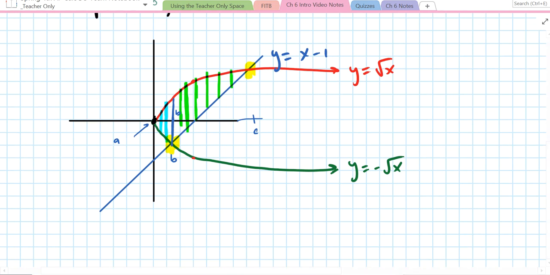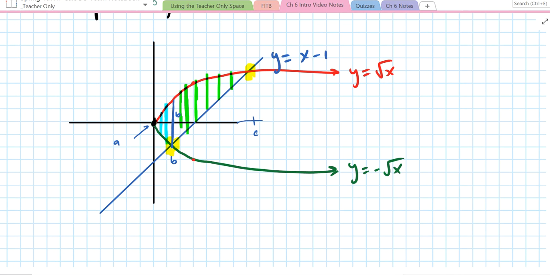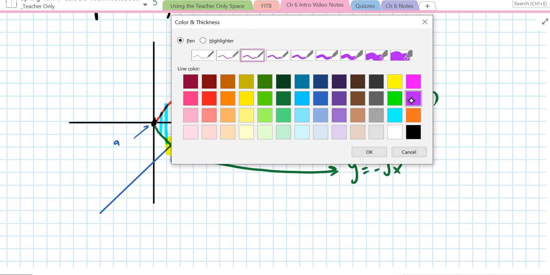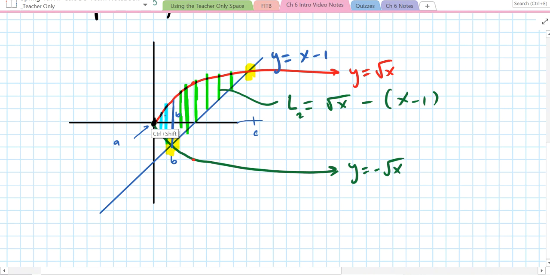So when we go to find this, we've got a length here, this length right here. That length is going to be the upper curve, square root of x, and the lower curve, x minus 1. So that's length 2. And over here, this length, we'll call this length 1.